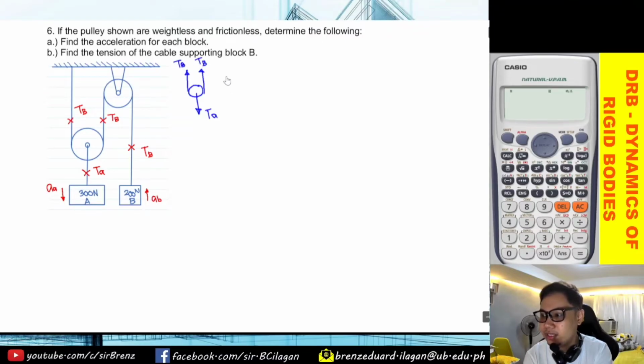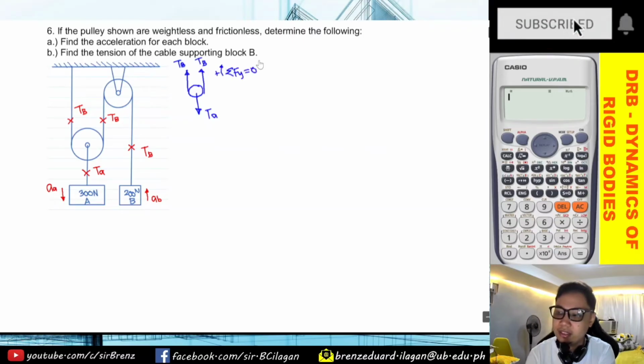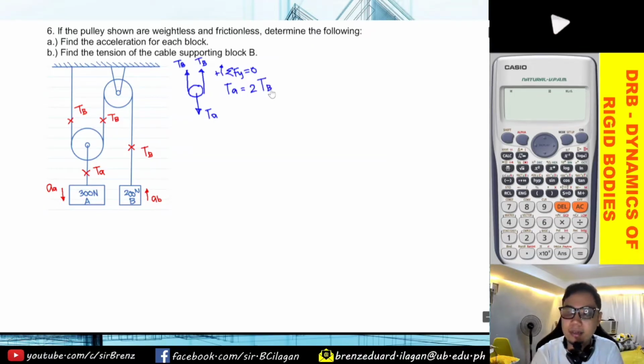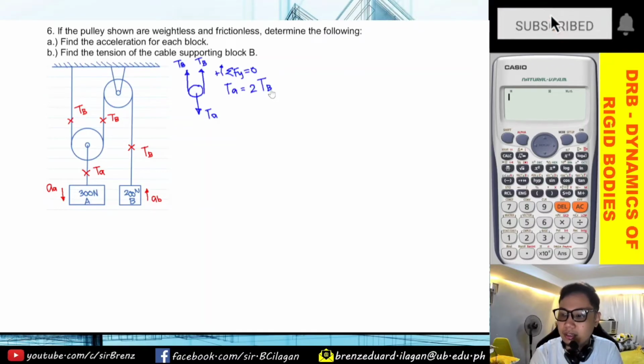So, from this, I can relate kapag nag-summation ako ng forces Y equals to 0, assuming upward direction as positive. So, yung T sub A mo is equals sa 2 times T sub B. Okay? Kapag nag-summation ako ng forces ng Y. So, ibig sabihin, dito pala makikita yung sign. So, ang gawin na lang natin, lahat ng pataas is positive, lahat ng pababa is negative.